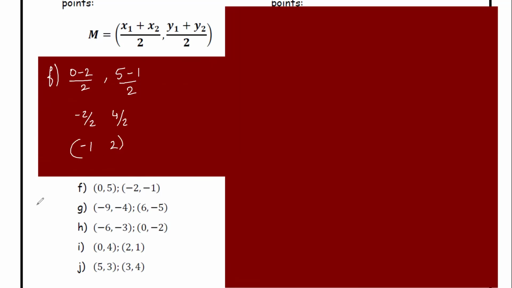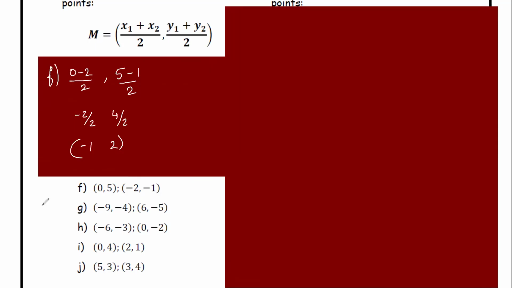As homework, or practice for you, I would suggest that you practice this worksheet on a graph paper. Plot the points, join the line segment, plot the midpoint, and then apply the formula.